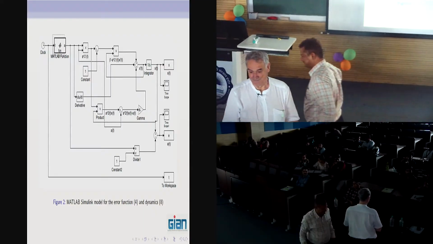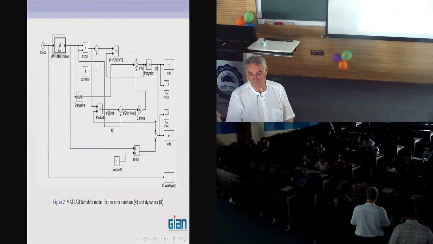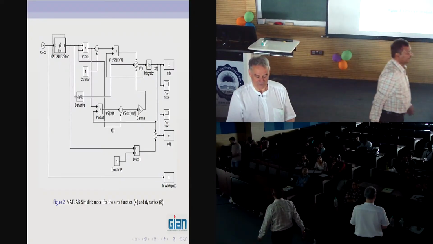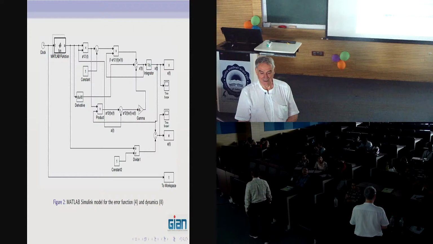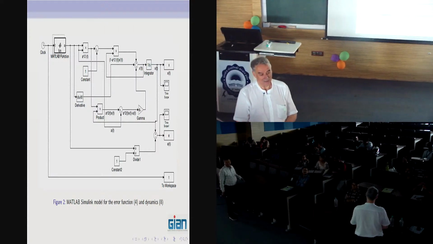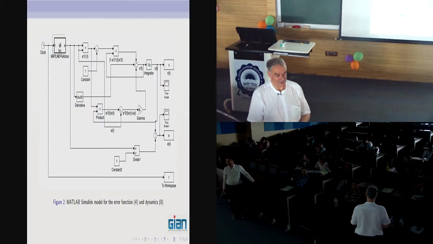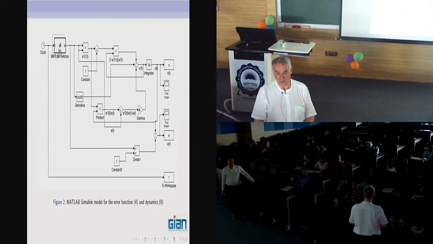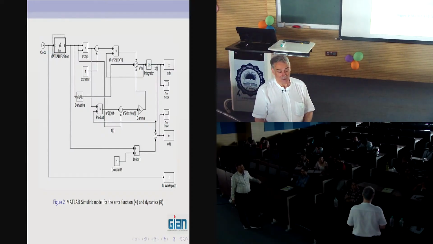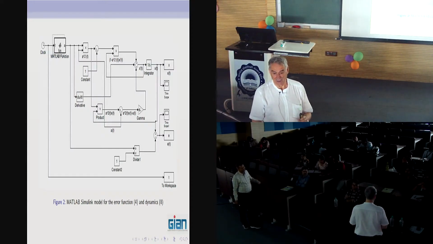For a particular problem, we can define the error function in multiple ways. Does the choice of error function affect the convergence? The design of the zeroing neural network forces E of t to 0.